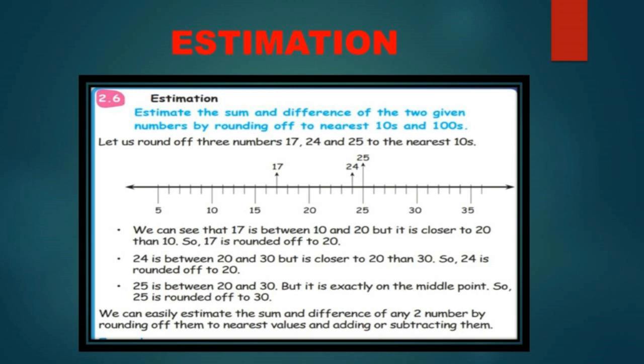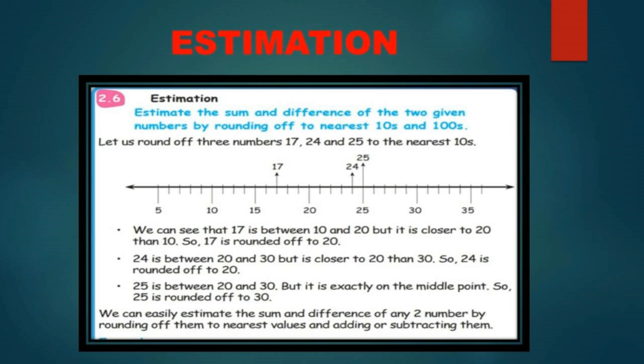You can see the picture, no? The scale. Yes. Here we are having 17. We can see that 17 is between 10 and 20. But it is closer to 20 than 10. So 17 is rounded off to 20.